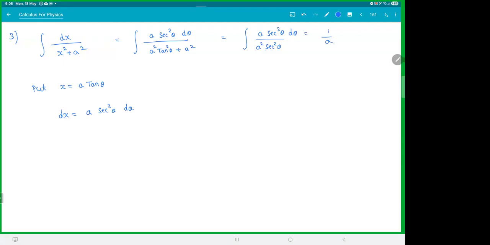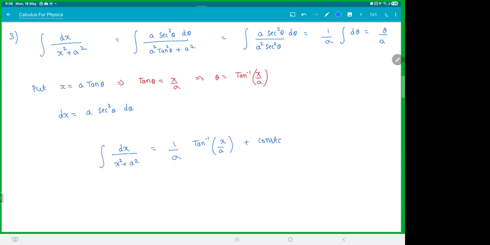That becomes 1 by a d theta. That would be 1 by a tan inverse x by a plus constant. That's it. These are the three integrations you should know.